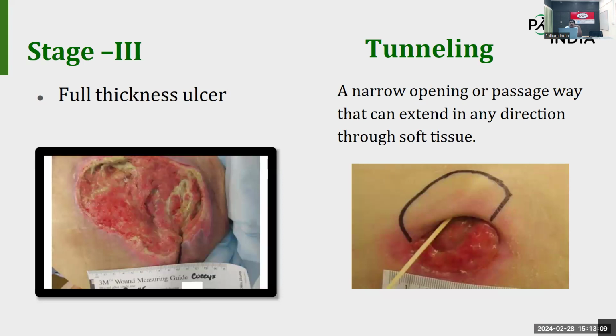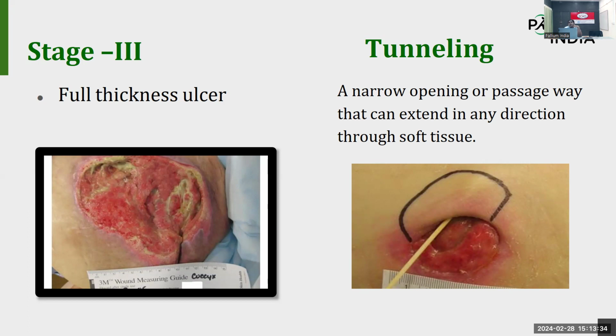Third stage, there is a full thickness ulcer. Along with that, sometimes tunneling is also present. So a tunneling wound is categorized under stage 3 pressure ulcer. Remember that if anybody sees a patient with a pressure ulcer with tunneling, it is stage 3.